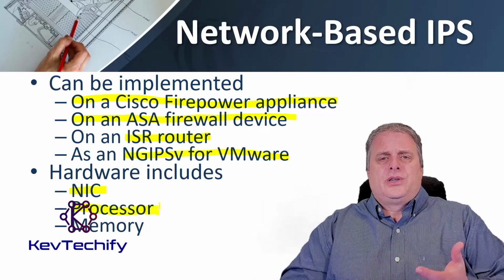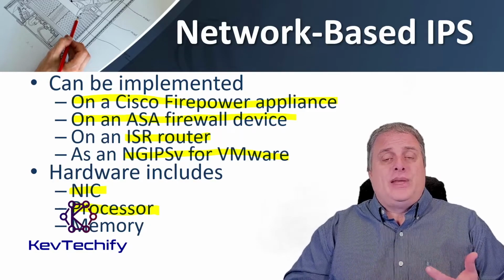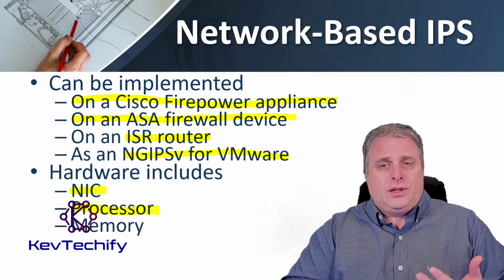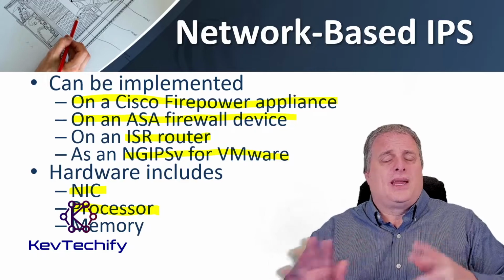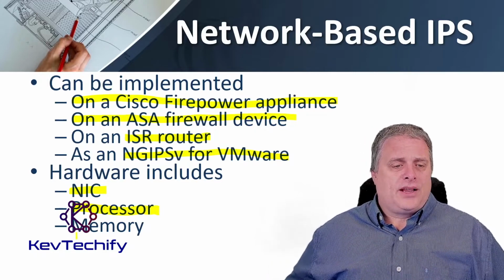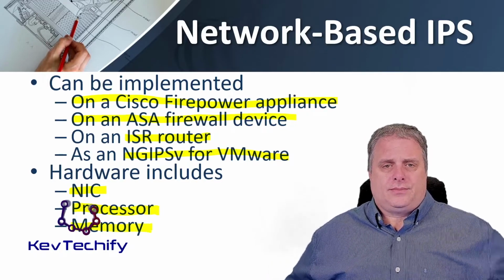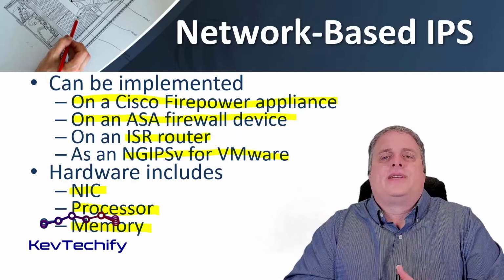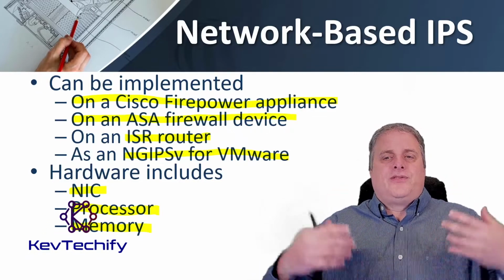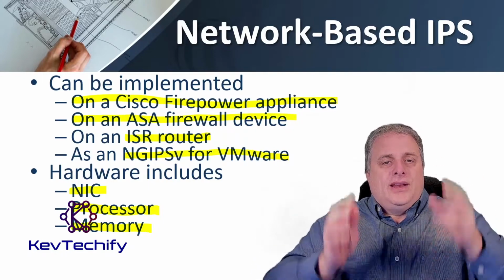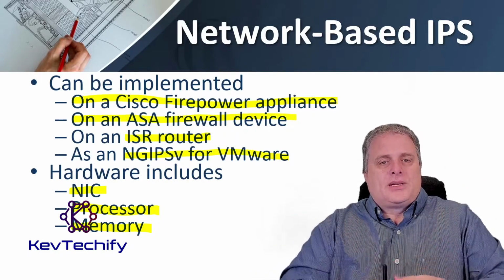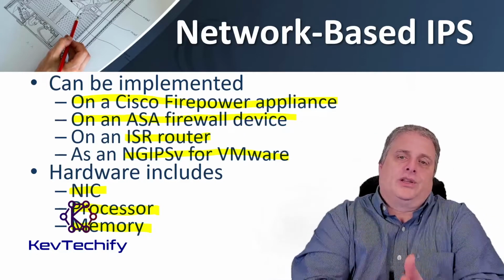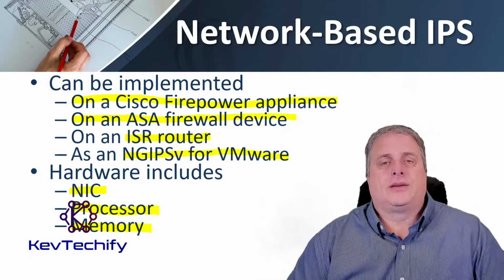Now, the intrusion prevention requires CPU power to perform the intrusion detection analysis and pattern matching. And then finally, we've got to have some memory. The intrusion detection analysis is very memory intensive. Memory directly affects the ability of a network-based IPS to efficiently and accurately detect an attack.